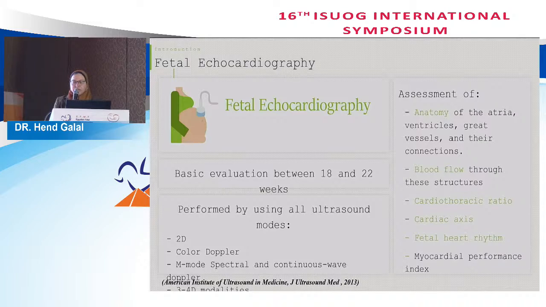Also, it has to assess the anatomy of all chambers, blood flow, cardiothoracic ratio, cardiac axis, and fetal heart rate.